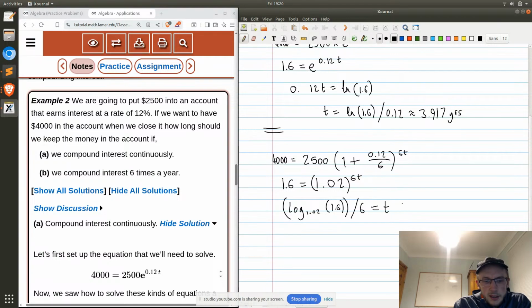Okay, because my calculator doesn't have a custom logarithm button, I'm going to have to do it the long way. So log 1.6 divided by log 1.02. And then all of that divided by 6.